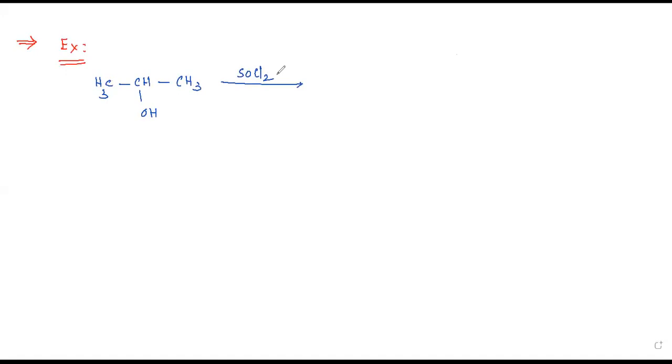See, when treated with the thionyl chloride, of course, a H plus is lost from here. Then we get CH3, CH, O, S double bond O, Cl.